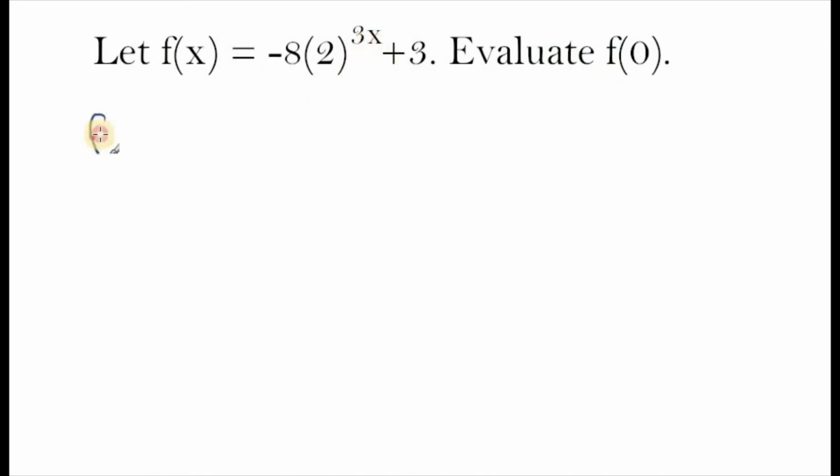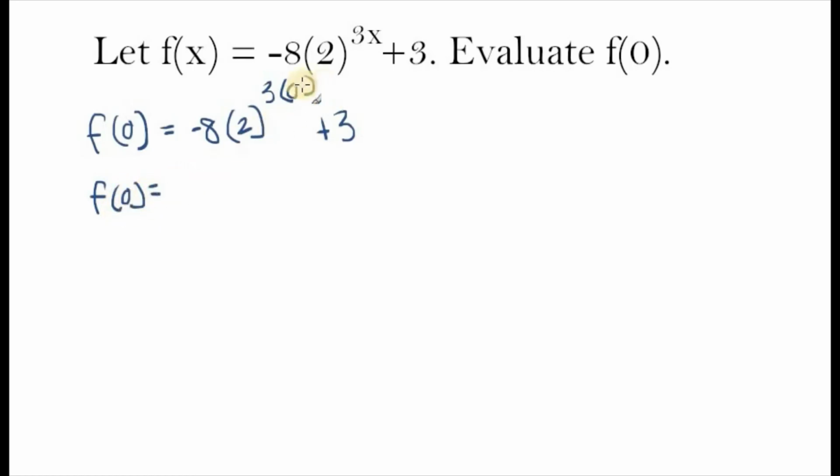So you're going to do f of 0, so we're trying to evaluate for, is equal to negative 8 times 2 raised to the 3 times, instead of x, putting 0, and then plus 3. So now I'm going to go through and solve this. You can just drop down the f of 0 is equal to 3 times 0 will give you 0.